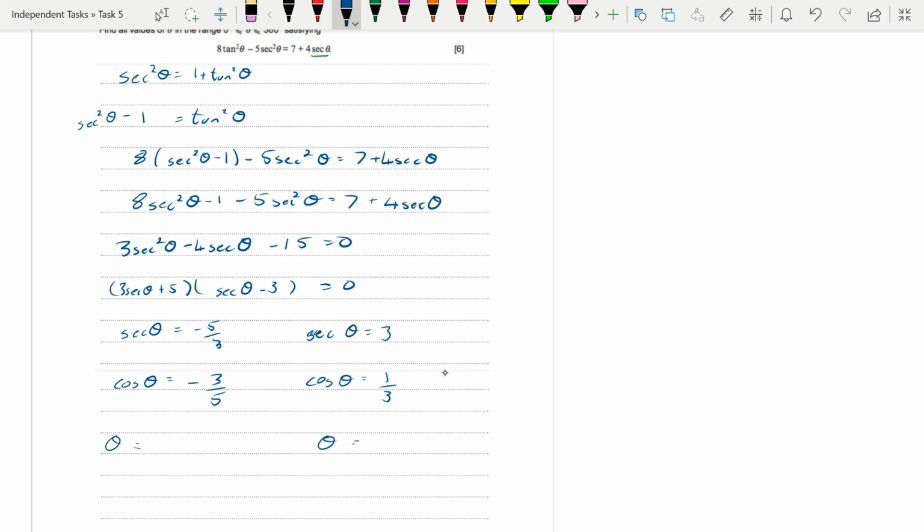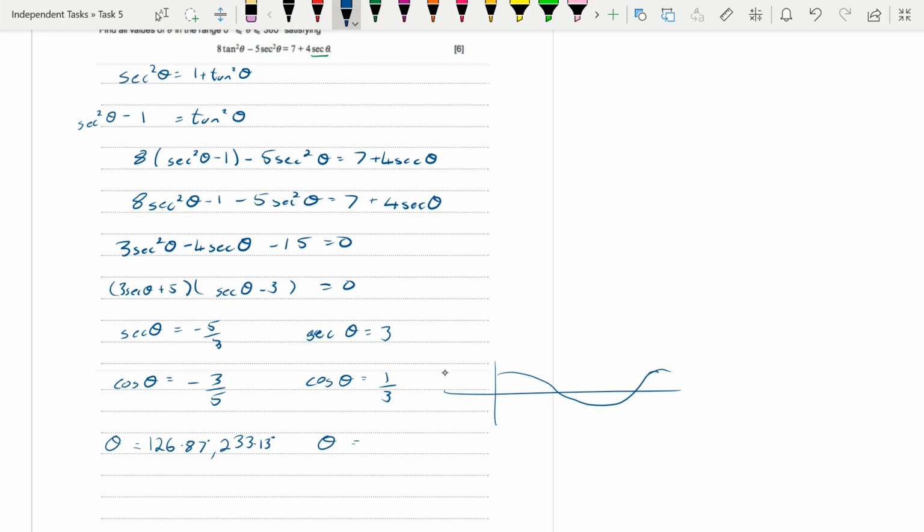Okay, this first one, the first number it gives me is 126.87. I'm going to use the cos graph here to help me find my other values. It's a really rubbish sketch, but we understand how to use that now. And then my other value is 233.13.